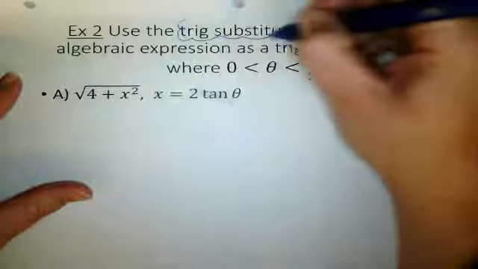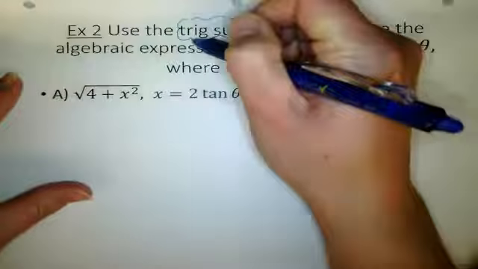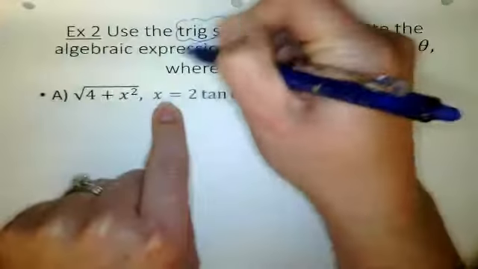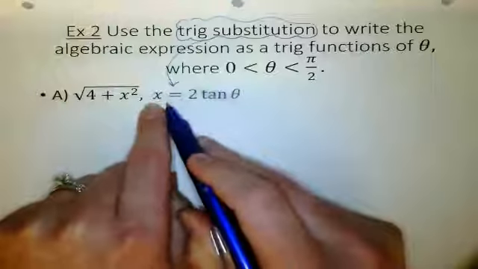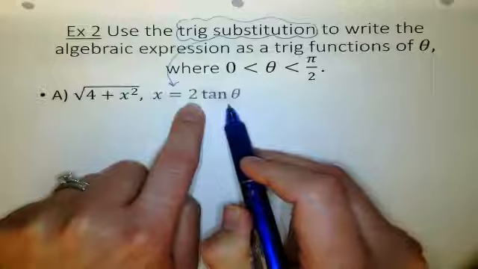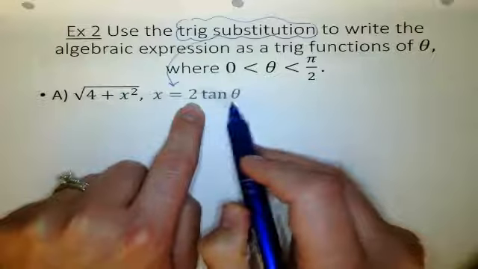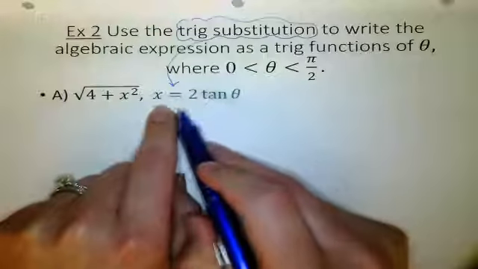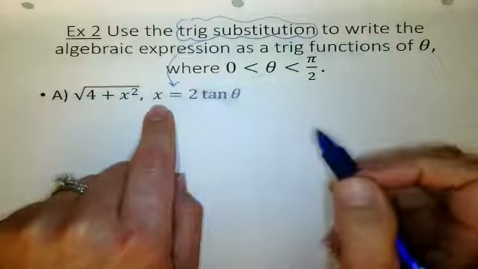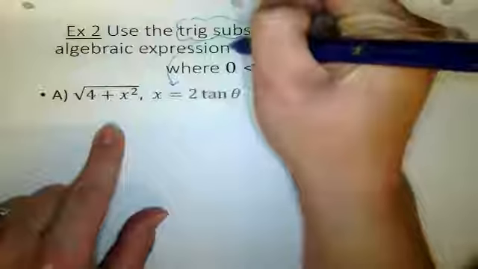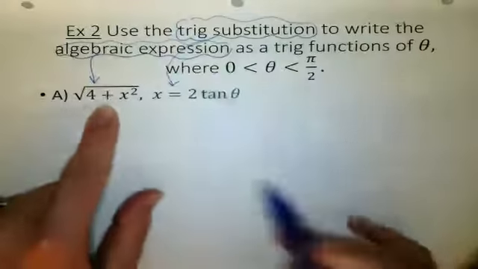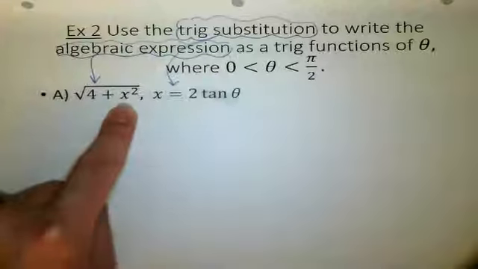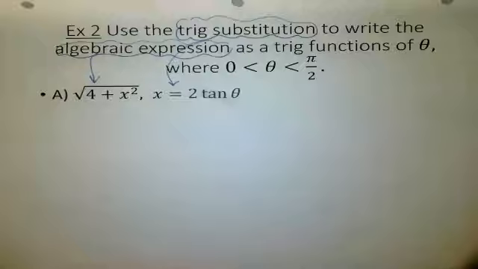First of all, we have a trig substitution. Right here is the trig substitution. They're saying x is the same as 2 tangent of theta. So there's the trig part, and we are literally going to substitute it in place of x. With the algebraic expression. The algebraic expression is right here, the square root of 4 plus x squared, all under that radical.